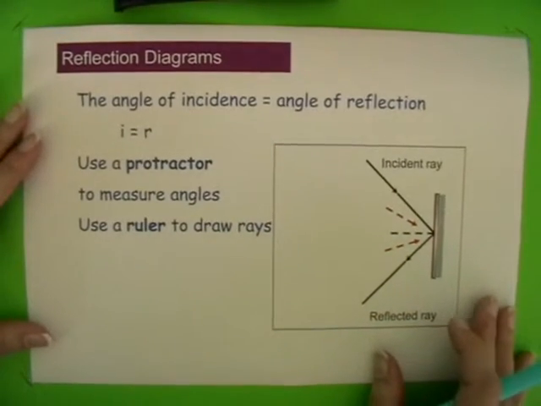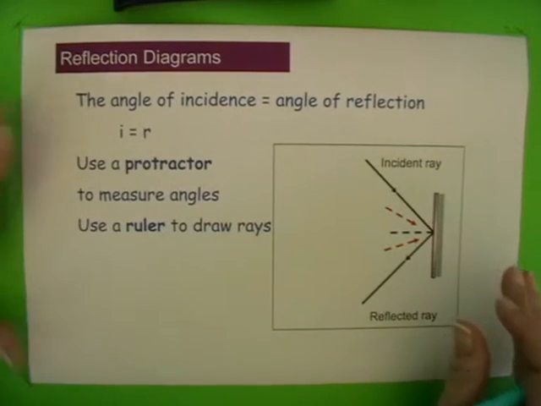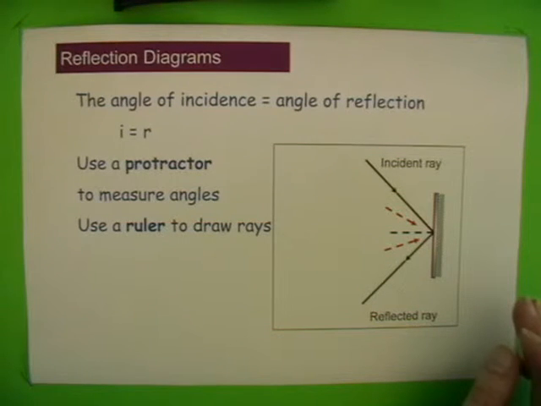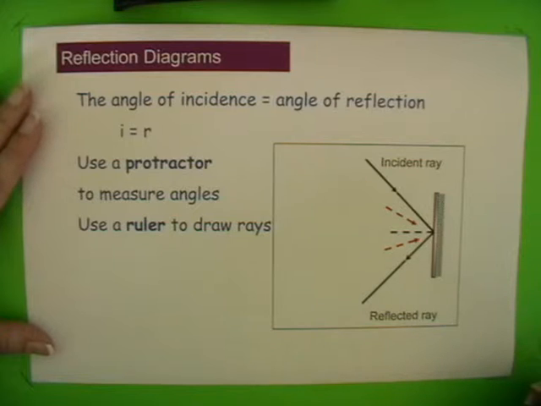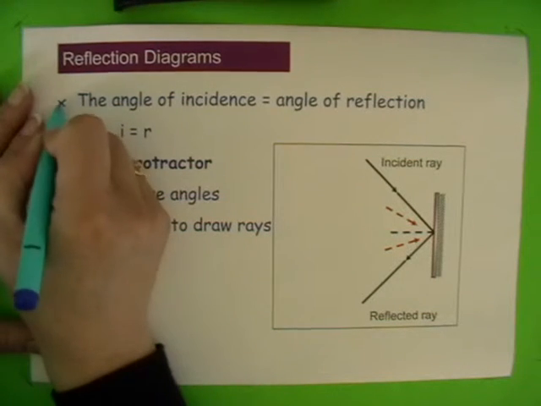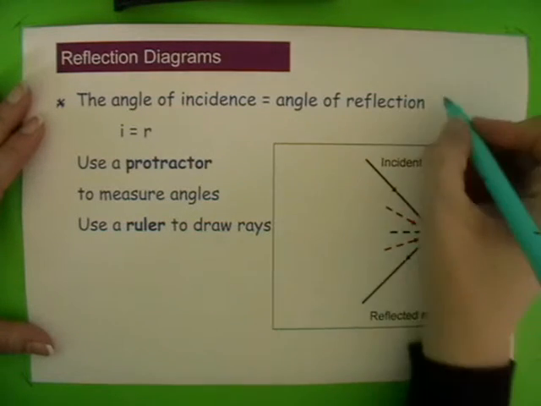Reflection diagrams. Whenever we did the slide on investigating reflection, we drew what was called a reflection ray diagram. And there are certain key points that you must follow whenever you're drawing these diagrams in the exam. Firstly, the law of reflection states that the angle of incidence is equal to the angle of reflection.